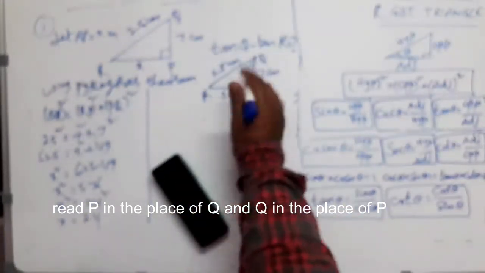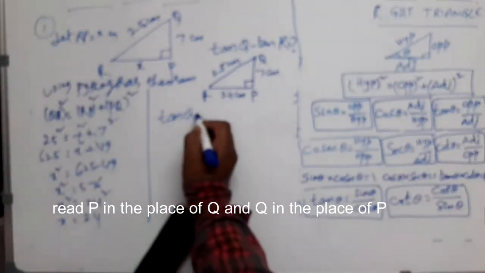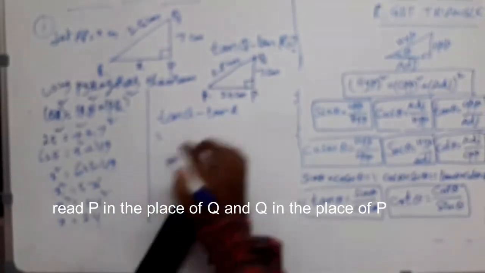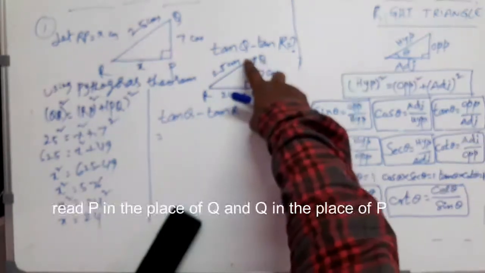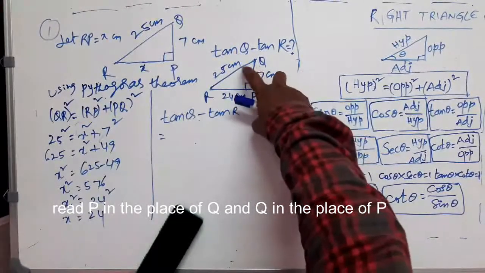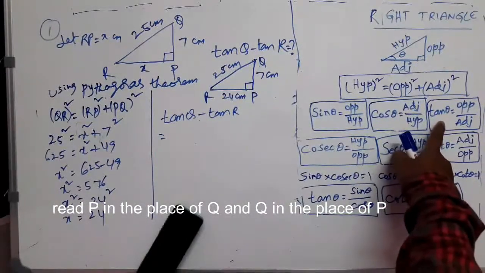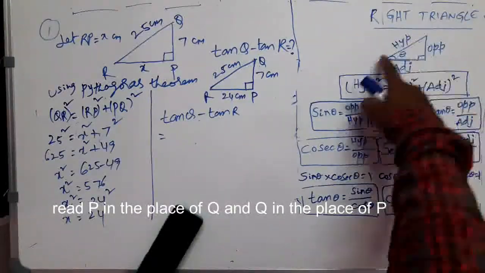Anyway, what you are supposed to find out here is tan Q minus tan R. See, let us first write tan Q. This is vertex Q, so this is angle Q. For this angle, what is tan? Tan theta is opposite side by adjacent side. For this angle theta, this is opposite side, this is adjacent side, this is hypotenuse.